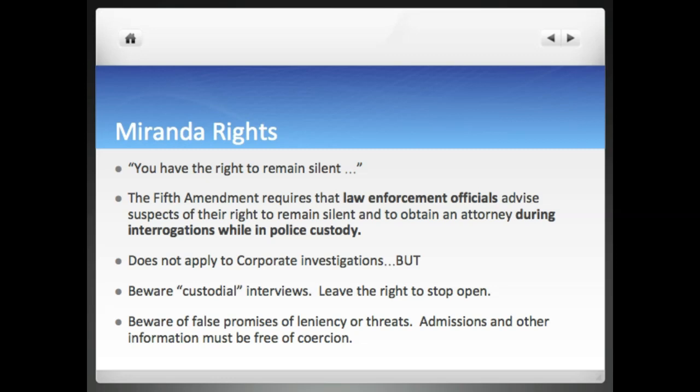The Fifth Amendment requires that law enforcement officials advise suspects of their right to remain silent and to obtain an attorney during interrogations while in police custody. And therein lies the difference. That amendment is an admonition to government that they have the obligation to warn people. In a corporate investigation, you have no such obligation to warn people about self-incrimination.